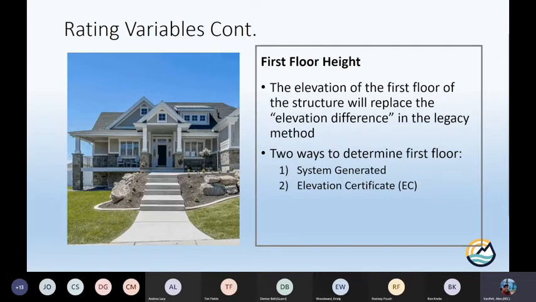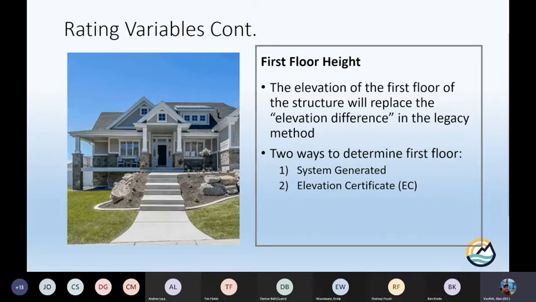If somebody brings an elevation certificate to an agent and they look at it and say the system generated first floor height is actually going to be better for you, that's the one the rating engine is going to use. Again, they're deferring to the property owner here. They don't want folks to feel like they're being punished for bringing in or getting an elevation certificate. So still always, always, always encourage elevation certificates.